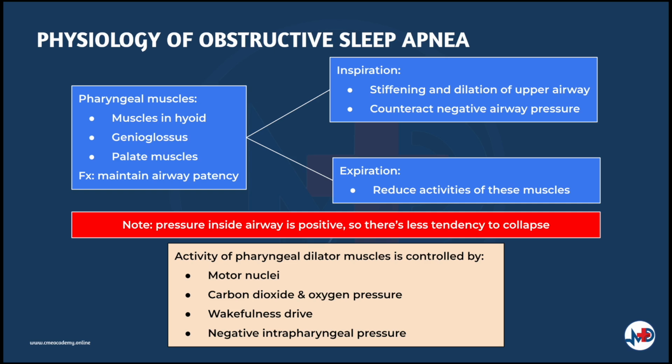During expiration, there is reduced activity of these muscles. As the pressure inside the airway is positive, there is a reduced tendency to collapse. Various factors influence and control the activity of the pharyngeal dilator muscles, and these include the motor nuclei, carbon dioxide and oxygen pressure, wakefulness drive, and negative intrapharyngeal pressure.